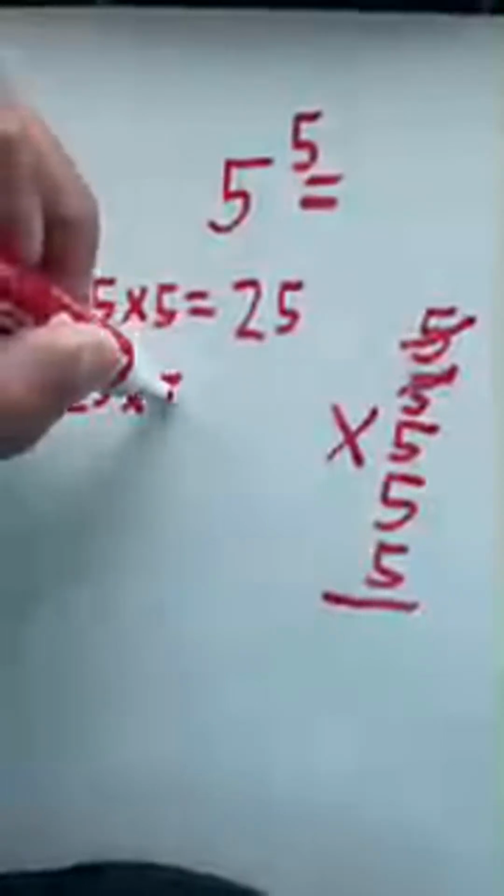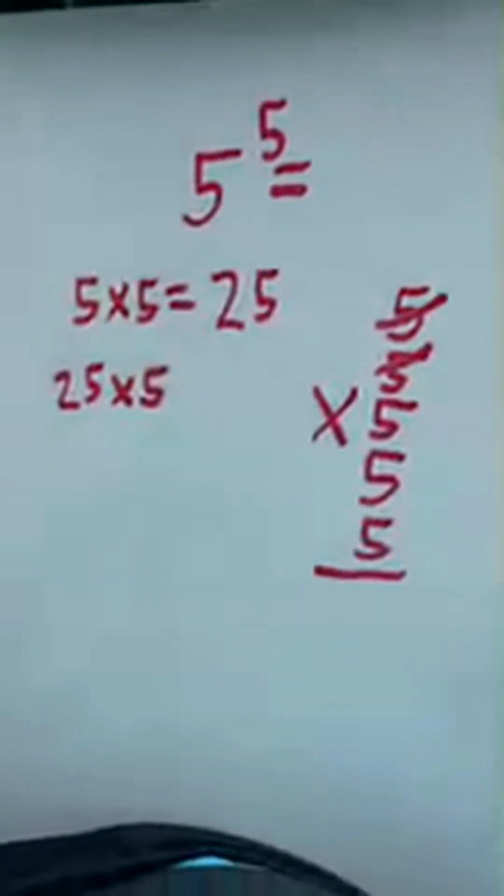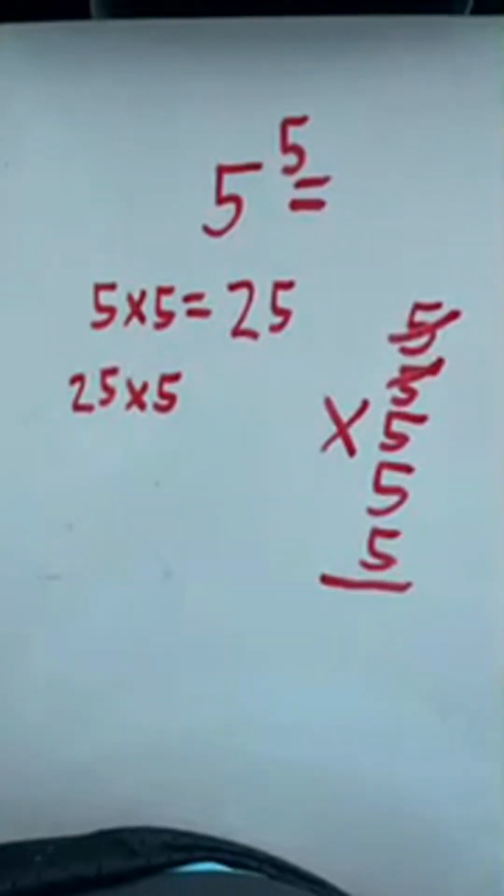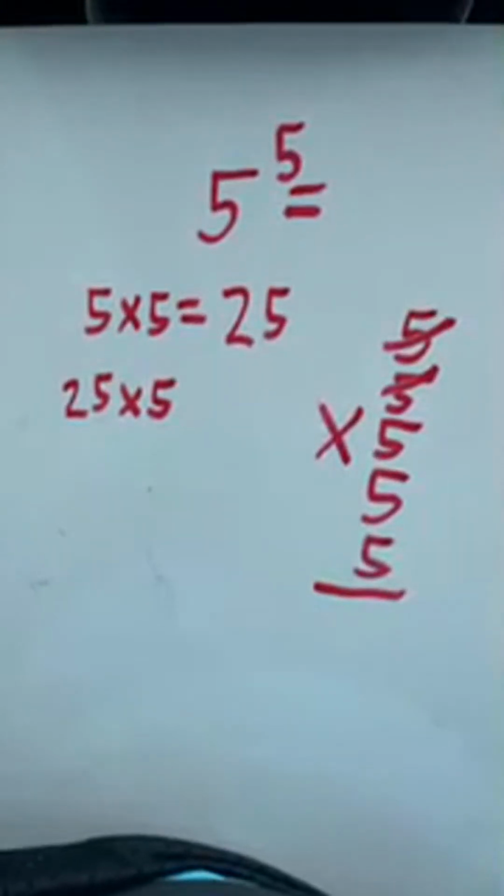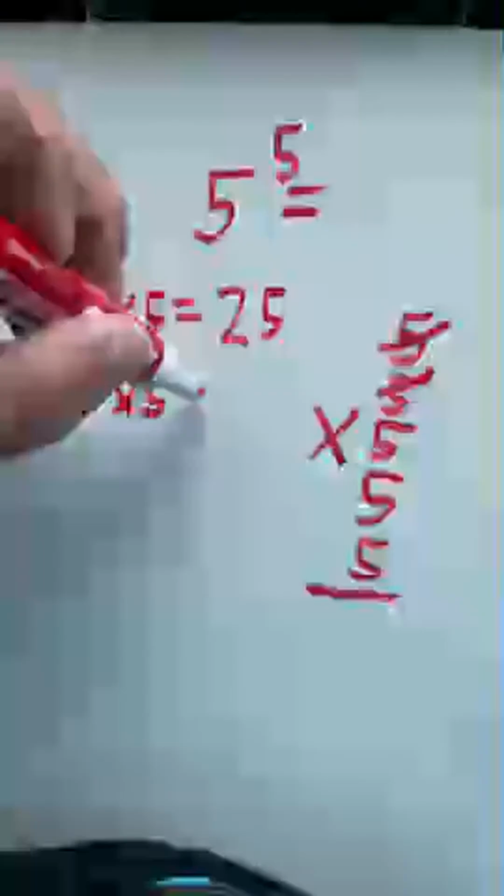Now we have to multiply 25 times 5. 25 times 5 equals 125. So we have now multiplied 5 3 times. So next, it's repeated multiplication. We have to multiply 125 times 5.